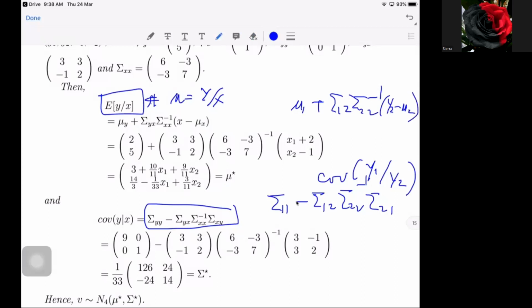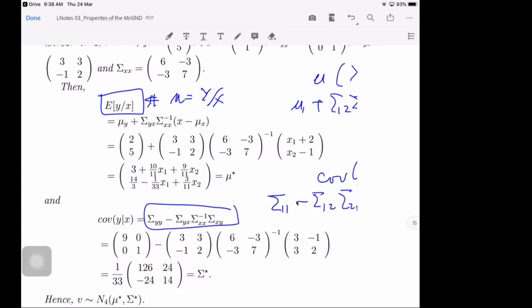Okay? As we said earlier, this is the mean vector of the conditional distribution of y1 given y2.